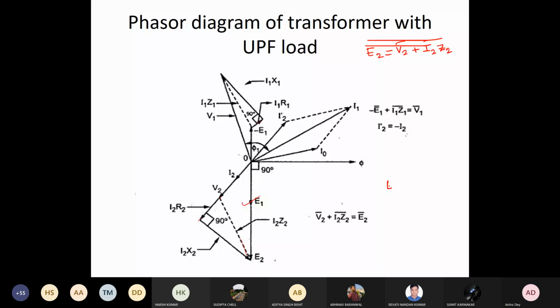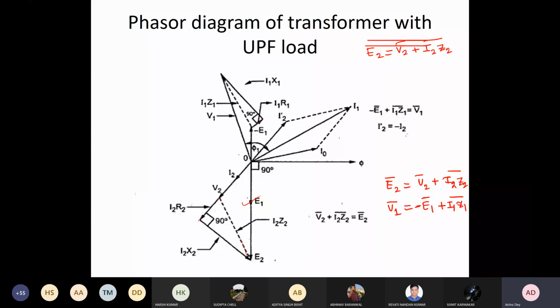E2. But here V1 is equal to E1 plus I1 into Z1, and this E1 is minus. Why? Because it has opposite polarity.